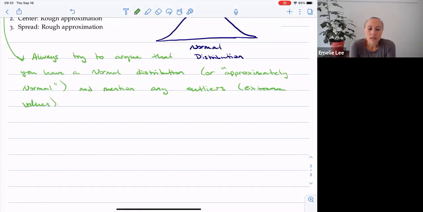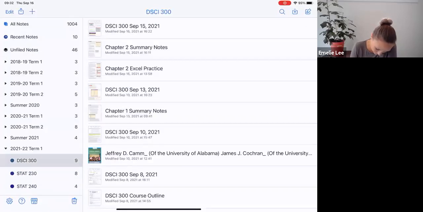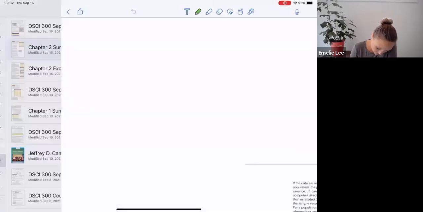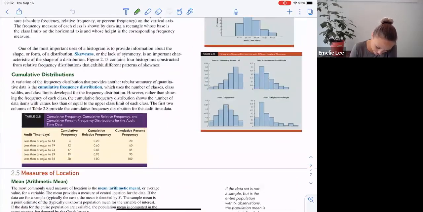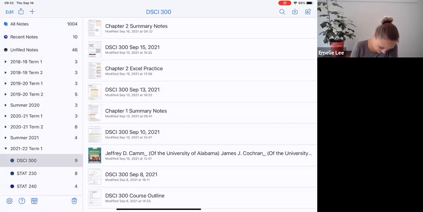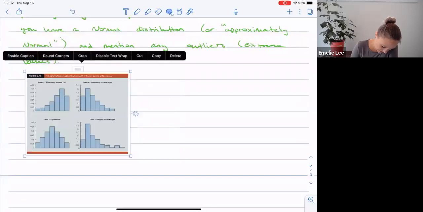So there are going to be cases where you might have a tail, and this is kind of weird, but what I'm going to do is go into my notes from another class, because we talked about it there too, and it's just a graph that I didn't have before.